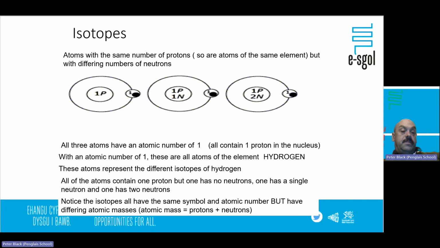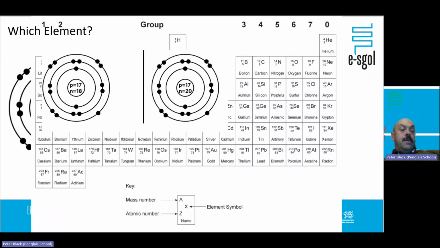Okay, so moving us along now, let's look at some more examples of isotopes. Okay, wait a second. So just very quickly, can you identify which elements these are isotopes of?